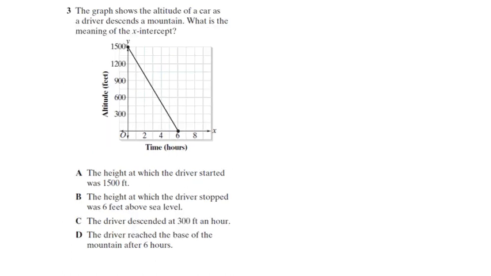Okay, next, 3. The graph shows the altitude of a car as the driver descends a mountain. What is the meaning of the x-intercept? Well, the x-intercept is where y equals 0, right? So this will be at x equals 6 hours.